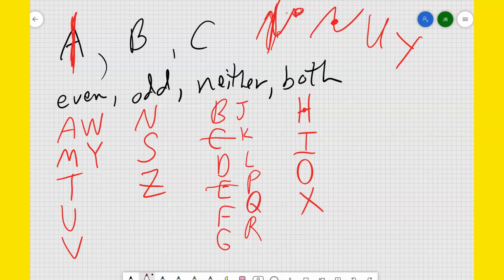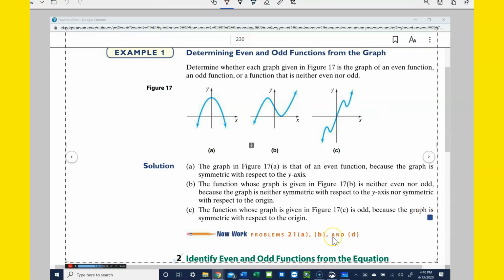So that just helps you get a feel for even and odd functions, looking at them on the graph. Just do this example right here in your head. Look at these 3 graphs and describe them as even, odd, or neither. This first one is even. This second one is neither.